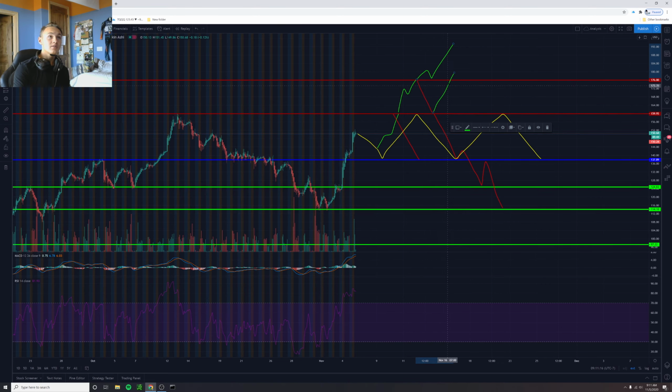If it bounces from here to here, there's a few different ways what can happen. It can break right here. Then if it sees this as a support, it's not guaranteed that it's going to go back up or back down again, but it's more likely to continue to go up.